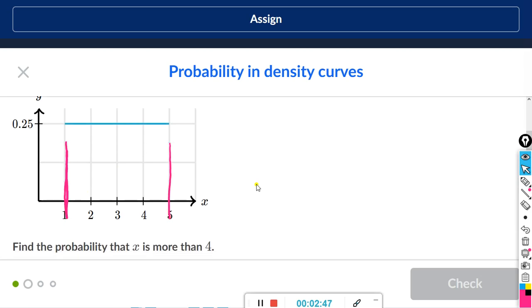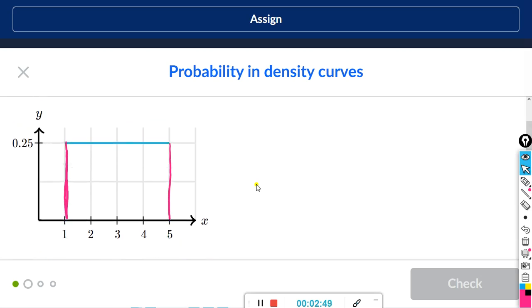All right, so let's see. Probability that x is more than 4. So we're just going to close it off at x equals 4. Here's the x-axis. This is x equals 4. And since it's greater than 4, we're looking at the portion to the right. Okay, so this rectangle here.